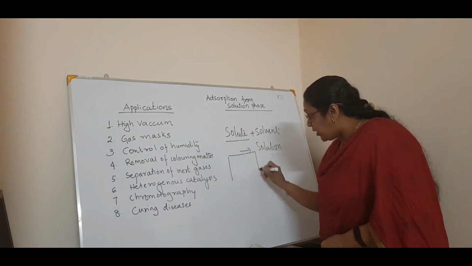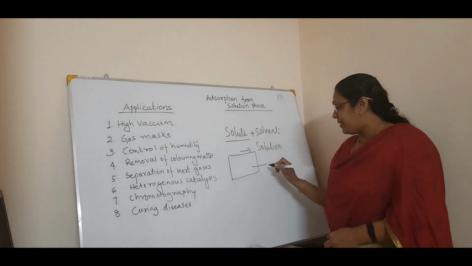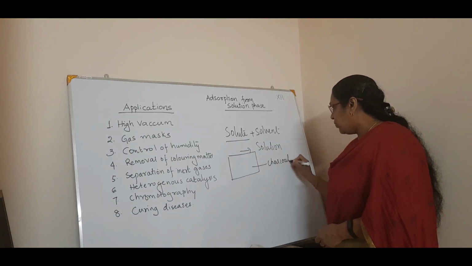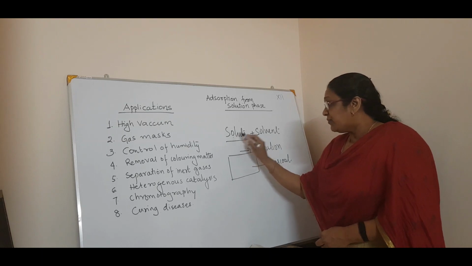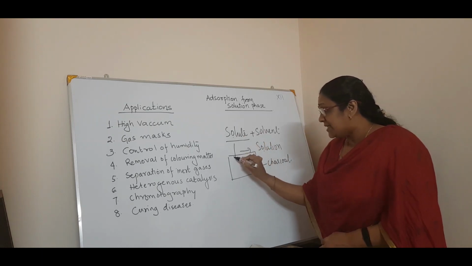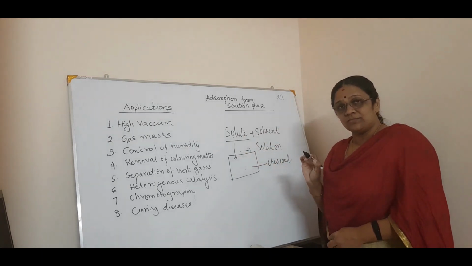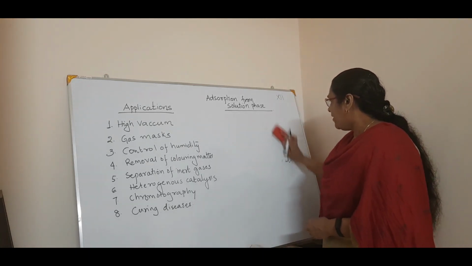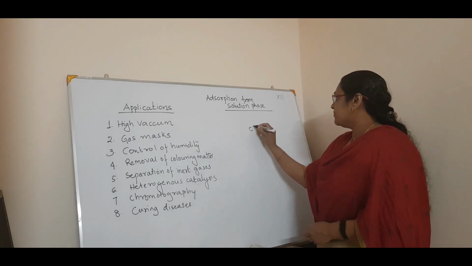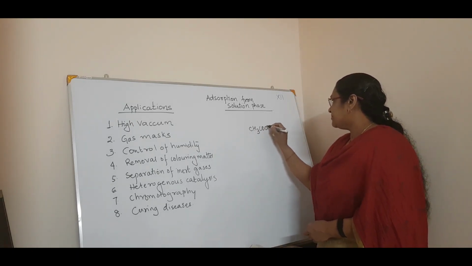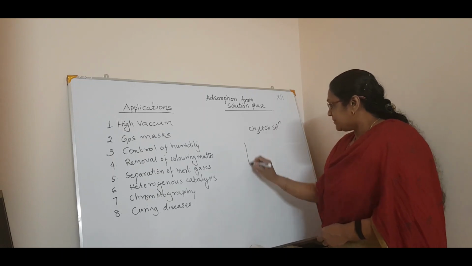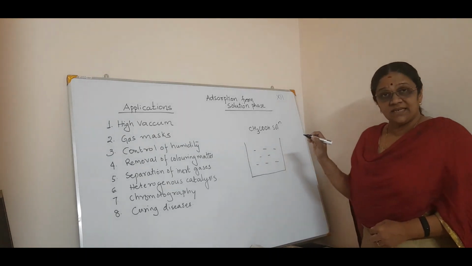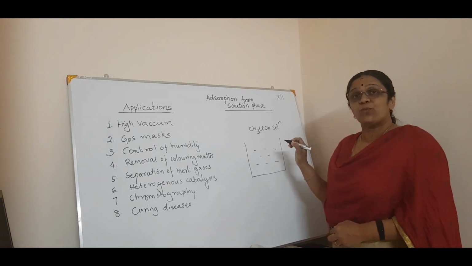If we have a solid adsorbent, for example a metal or charcoal, then the solute from the solution will get adsorbed on this charcoal. For example, an acetic acid solution means acetic acid with the solvent water.